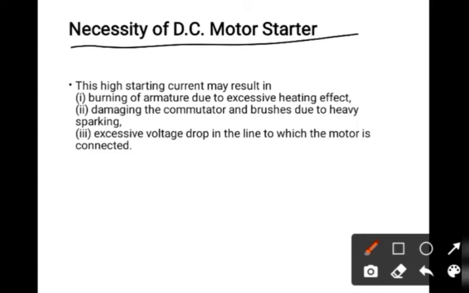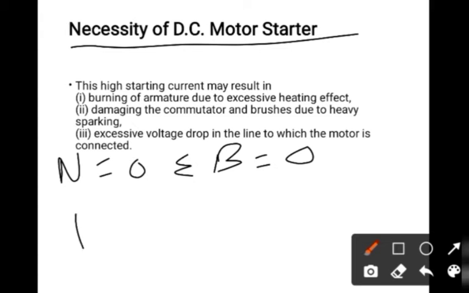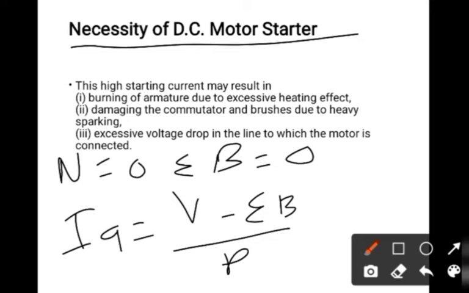Firstly, we will see what is the function of the starter in a DC motor. At the time of starting, the speed of the DC motor is 0. Therefore, back EMF is also 0. Now in this case, we can calculate the armature current, and it is given by Ia = (V - Eb) / Ra.